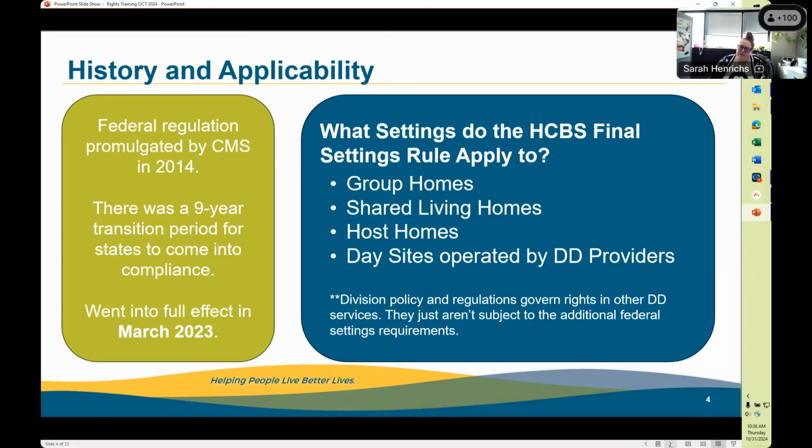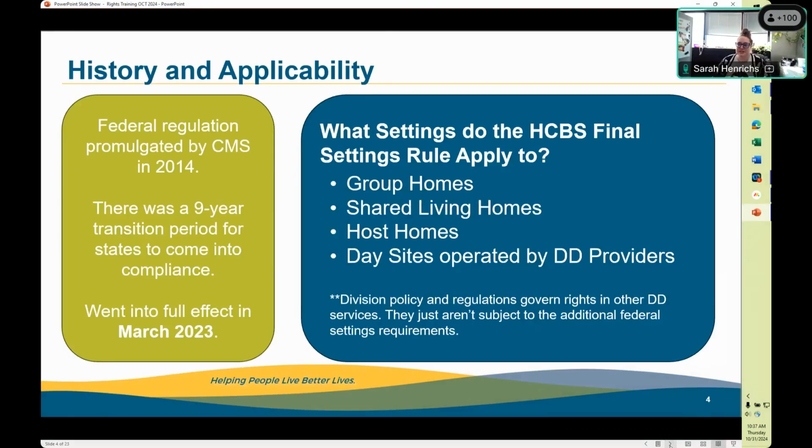So the history of the final settings rule: it's a set of federal regulation. And at the end of the slideshow, I have resources that you all can access if you like to.